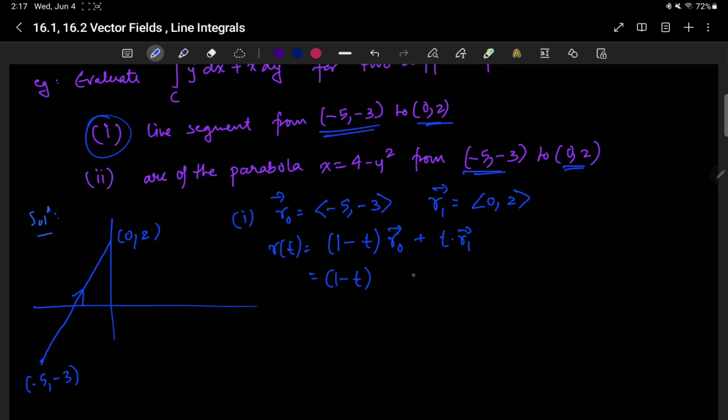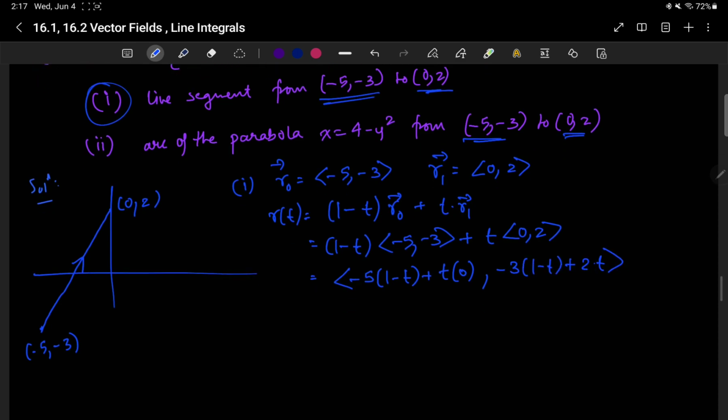That's (1 minus t) times negative 5, negative 3 plus t times 0, 2, which becomes negative 5 plus 5t and negative 3 plus 3t plus 2t.